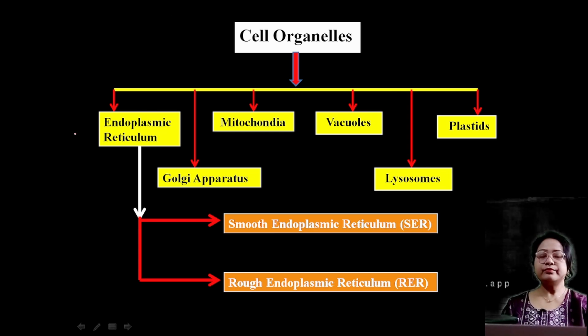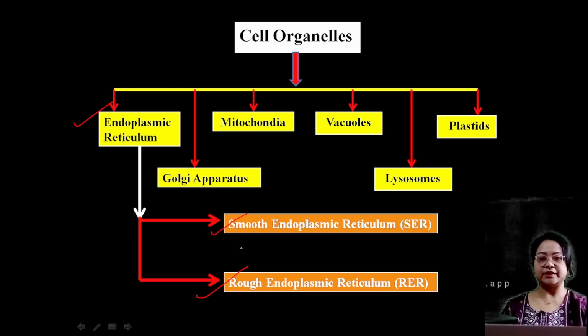Let us see what types of cell organelles there are. Endoplasmic reticulum is divided into two types: the smooth endoplasmic reticulum and the rough endoplasmic reticulum.